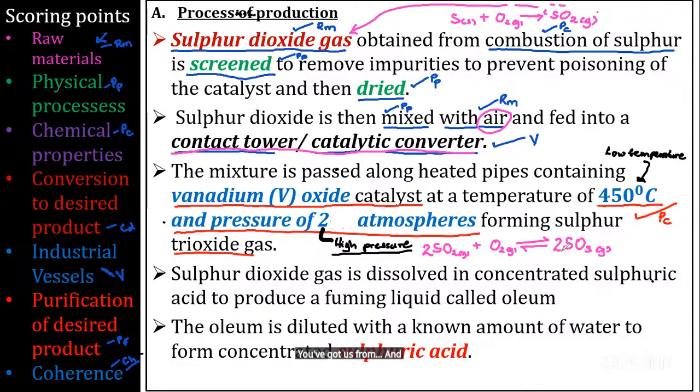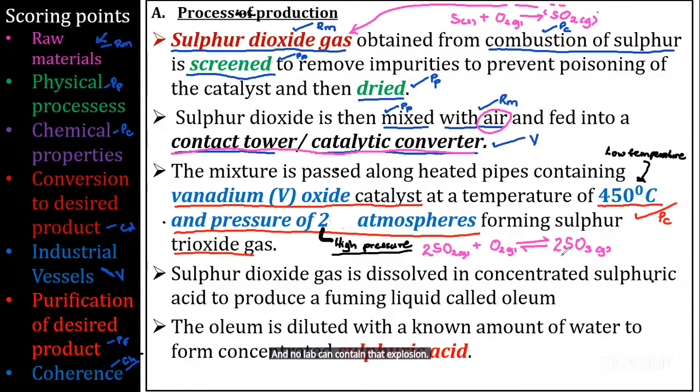When we get sulfur trioxide, yes, it is soluble in water, but we don't take that route, because when you dissolve sulfur trioxide in water, the heat given off is too much, which will cause an explosion, and no lab can contain that explosion.